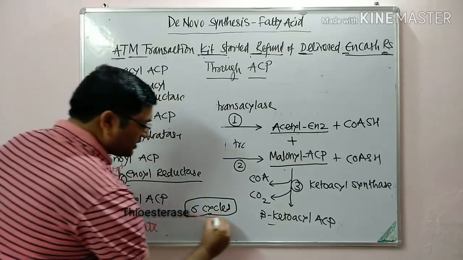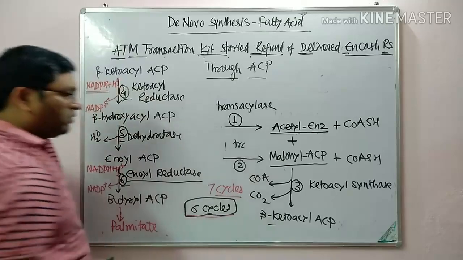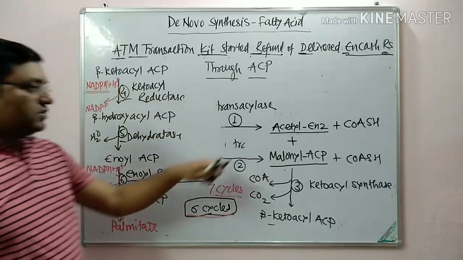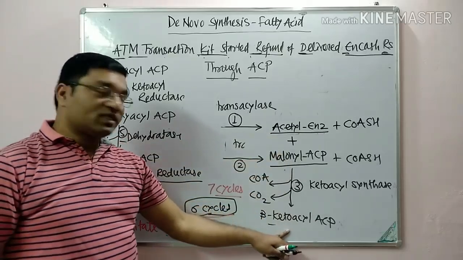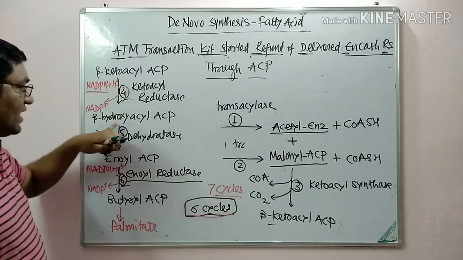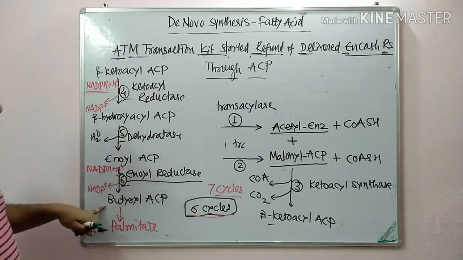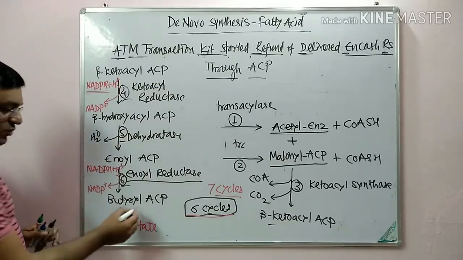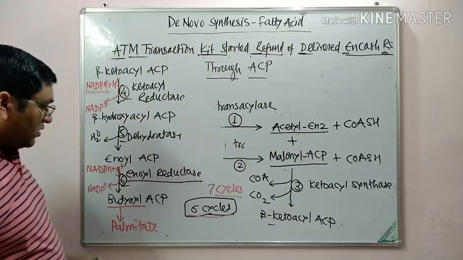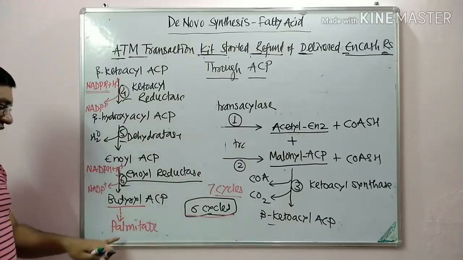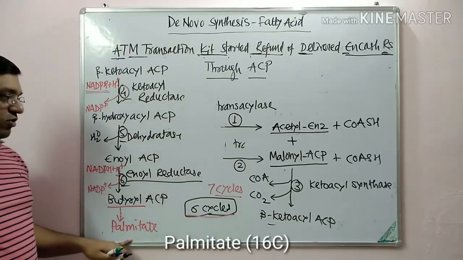Through the repetition of 6 cycles, total 7 cycles are there, and through multiple steps it leads to the synthesis of palmitate. With the condensation of acetyl and malonyl, there is formation of ketoacyl ACP, which is converted into beta hydroxyacyl ACP, then enoyl ACP, then butyryl ACP. Then the butyryl unit is transferred to the enzyme part of the fatty acid synthase complex, and through the repetition of 6 cycles there is synthesis of palmitate.